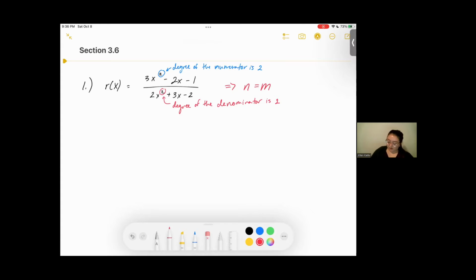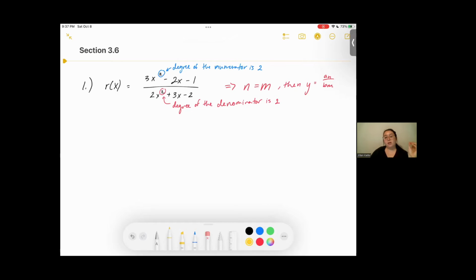We know that if n is equal to m, then y is equal to a sub n divided by b sub m. That was what we saw before. This is telling us that the horizontal asymptote is going to be the coefficients divided by each other.